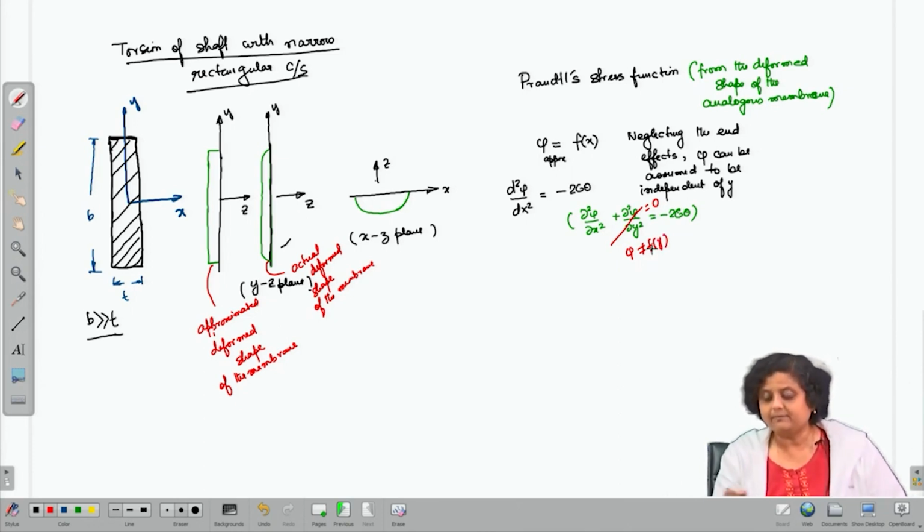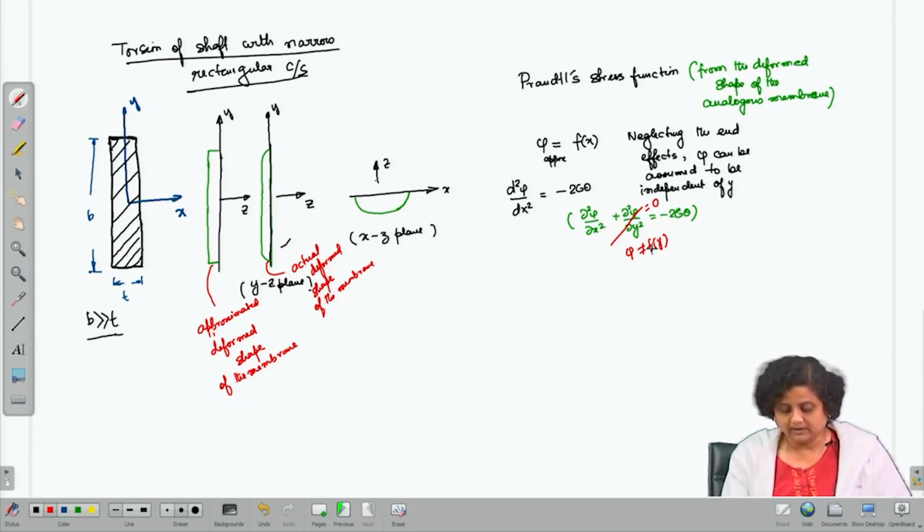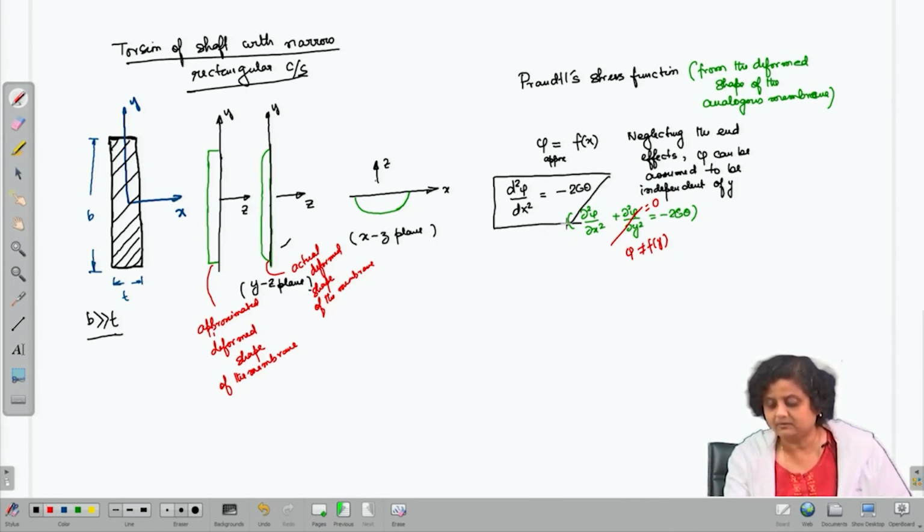How are we coming to this conclusion? We are coming to this conclusion from the actual deformed shape of the analogous membrane, which can be fairly approximated by a shape which is not dependent on the y coordinate. Therefore, this is a good approximation that we have made, which will make our calculation much easier.